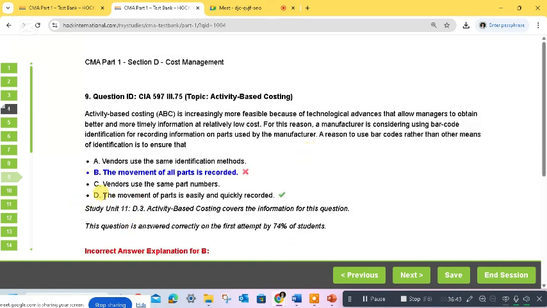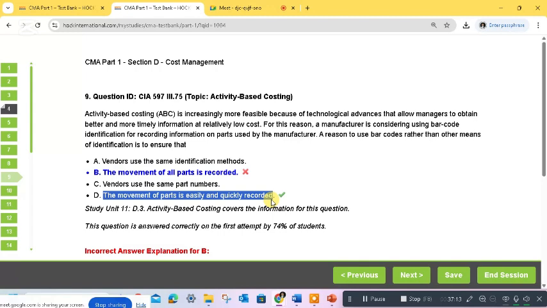Movement of parts is easily and quickly recorded because, see, very simple example. Think about a supermarket. Think about a time when they did not have barcode machine. When they are selling every item, they have to write in a bill book. I don't know whether you have experience of buying from shops where they don't have barcode. Back in our country, still there are some shops. So you order a few things, then one by one they write a bill, they write a chit, and they give you that. They will have a carbon copy.